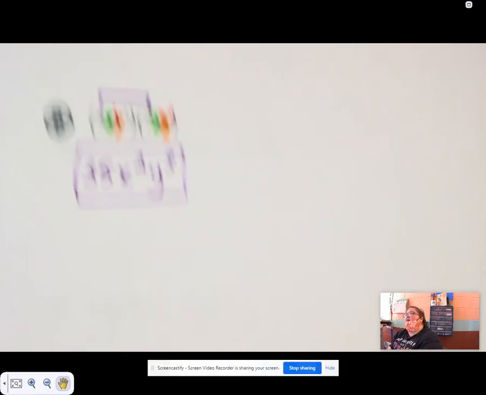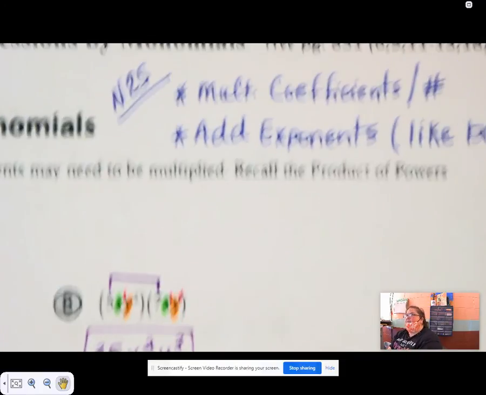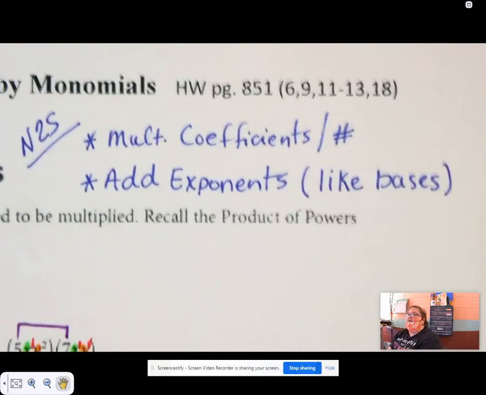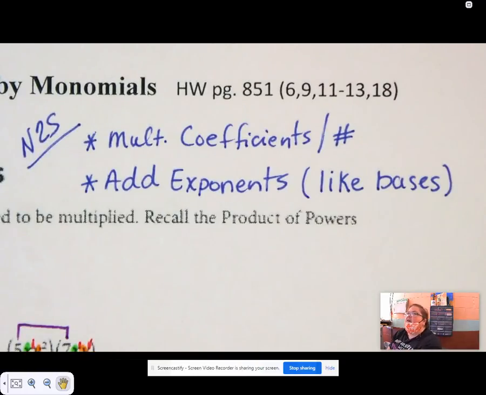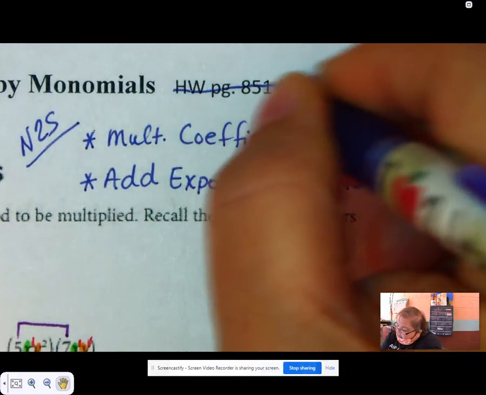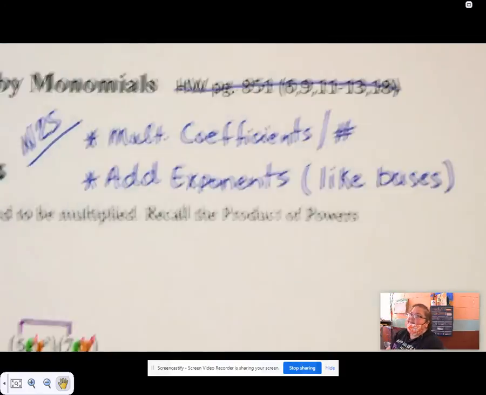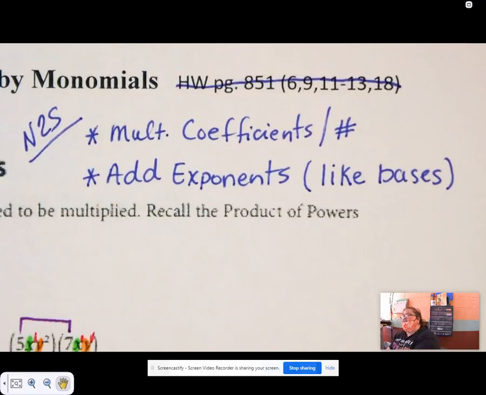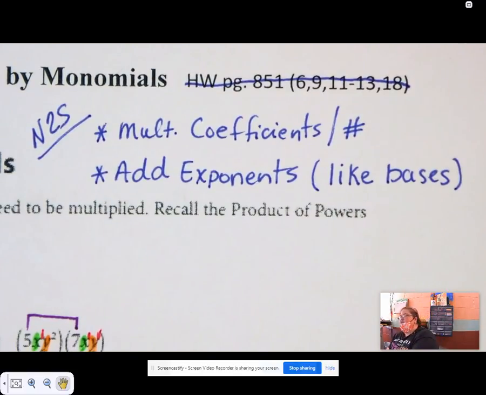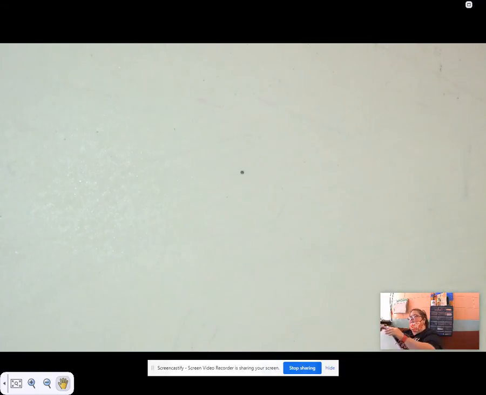If you look at the very top of your paper, here it has homework page and all those problems. You see those? I want you to put a line through that because I don't want you to get confused. I changed my mind. Turn over to the back of your paper.